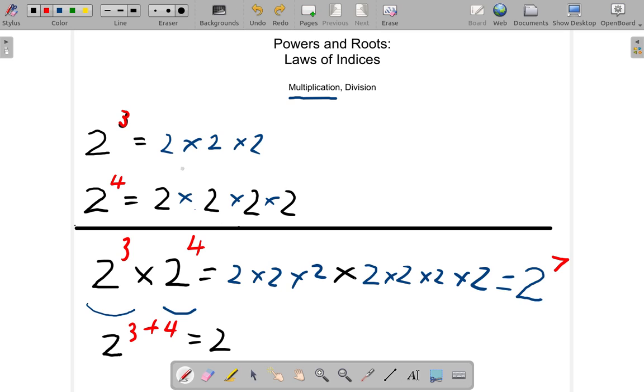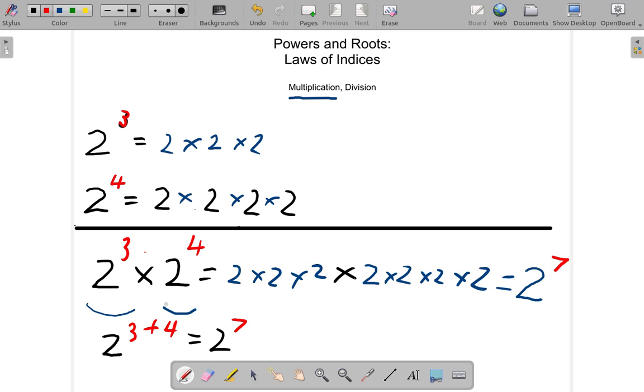Now, you can try this with various numbers and you will see it always works. 2 to the power of 3 times 2 to the power of 4 is the same as 2 to the power of 3 plus 4. If you have 3 to the power of 5 times 3 to the power of 6, it will be 3 to the power of 5 plus 6.